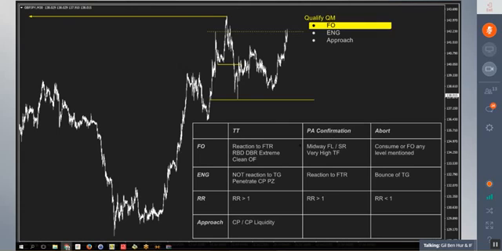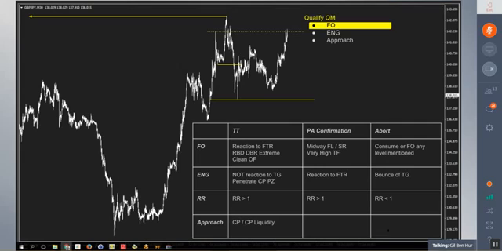The other one is that I want to wait for price to come to the level, and then look for another confirmation, a lower time frame confirmation. And the next thing is what will disqualify the whole QM.